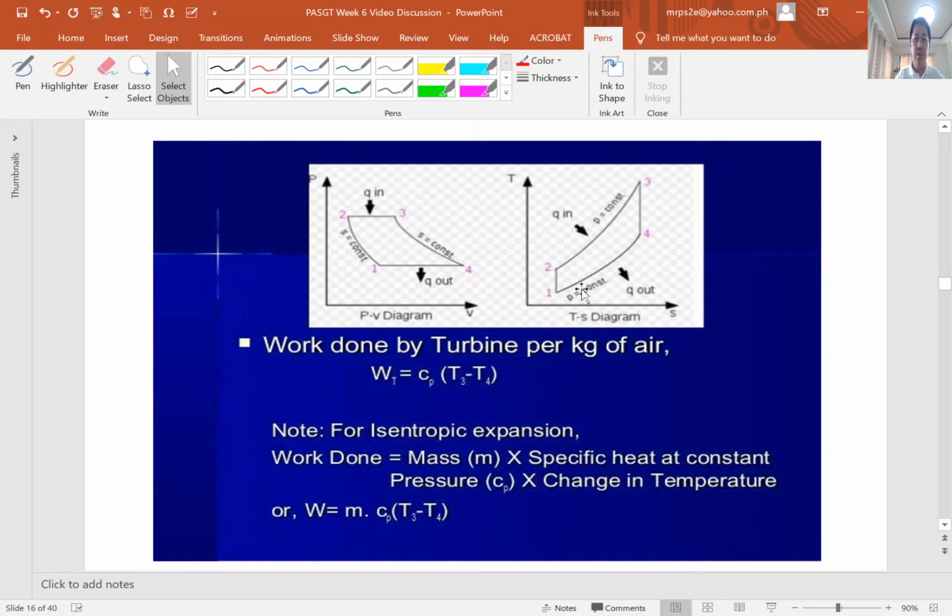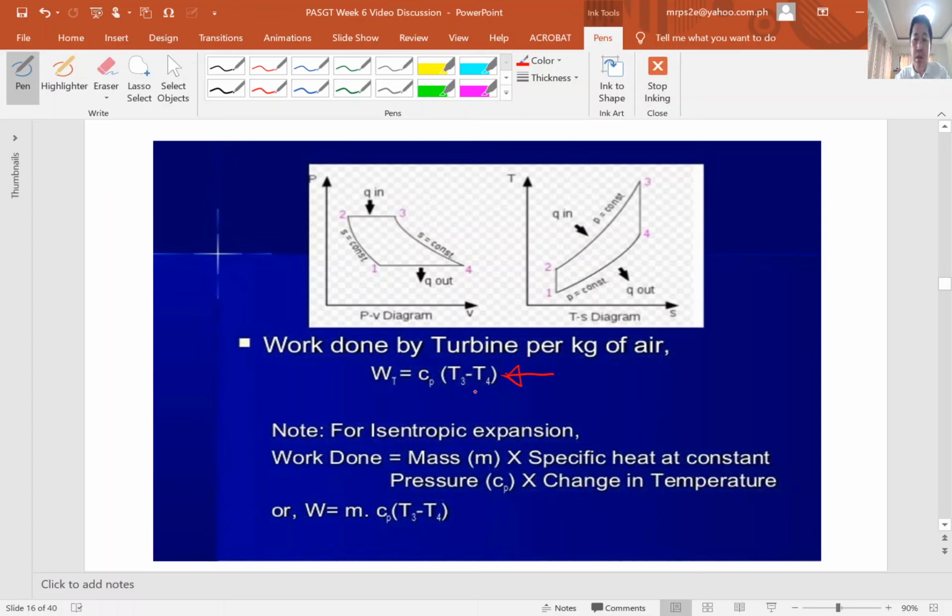In this diagram we already discussed, what we have here is the equation: work done is equal to the mass multiplied by Cp, the specific heat at constant pressure, multiplied by the change in temperature.